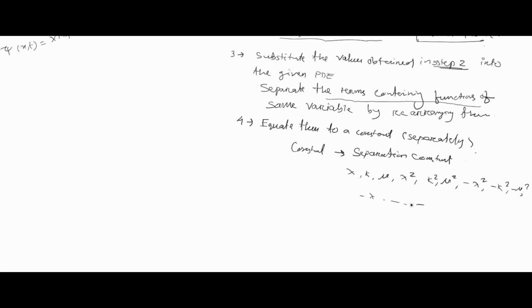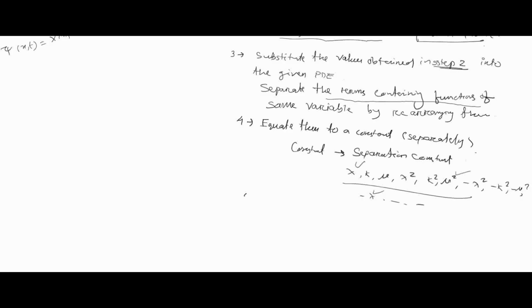It can be in the form of a positive one, a negative one, or a square. Which constant you take depends upon the requirement and the type of equation involved, so you have to choose the constant accordingly.